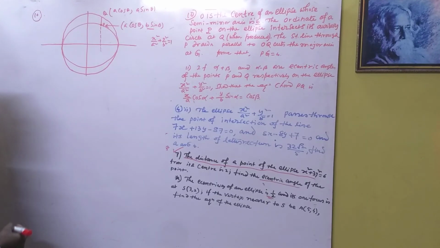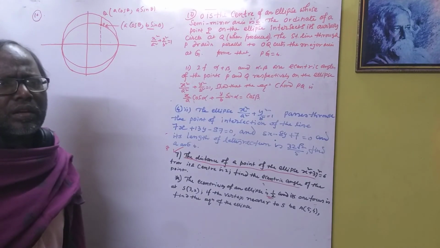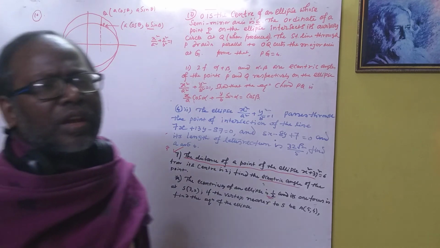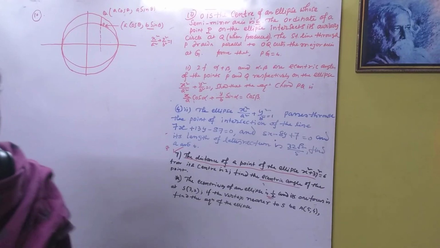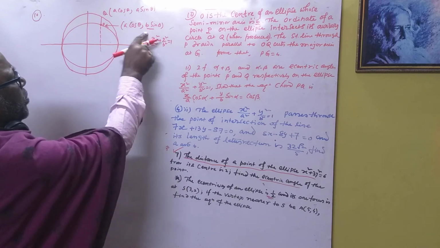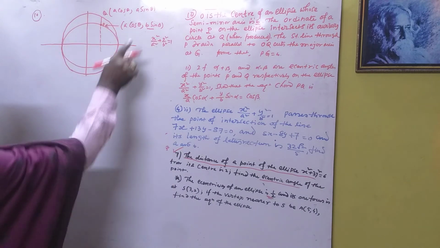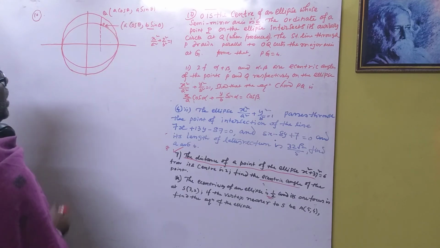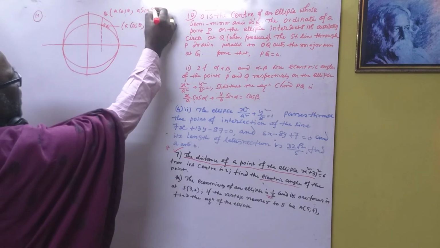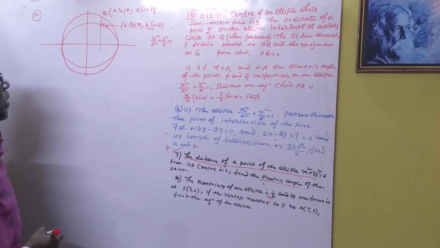You know, for any point on a circle, if one coordinate is A cos, then the other is A sin. Here A and B are the same, then this is a circle. So this is a coordinate on the circumference of the circle. Now (A cos theta, A sin theta) is the coordinate of Q.